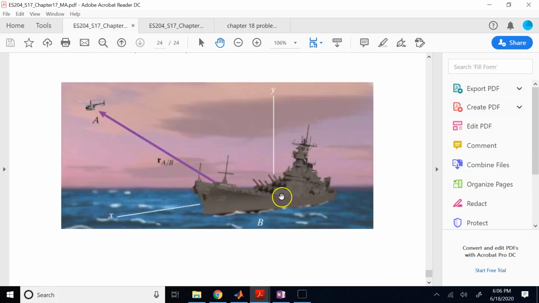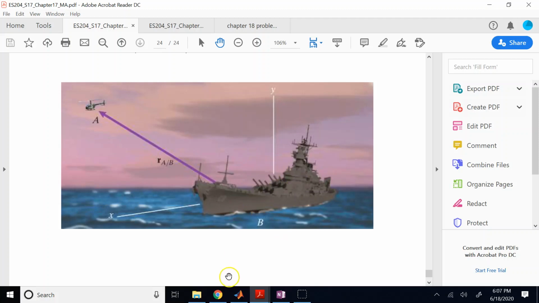By the way, we have to use the coordinate system shown here. So the ship is moving along X direction and it says it is moving to north. So north for us is going to be X-axis. Y is going to be upward, and therefore you're going to see that Z-axis is pointing toward east.